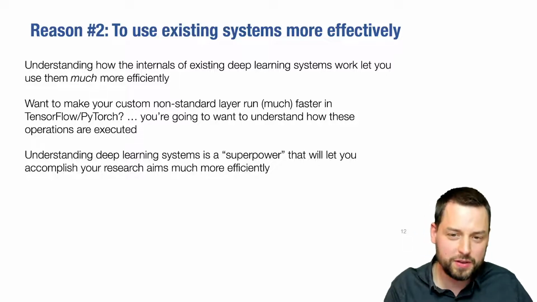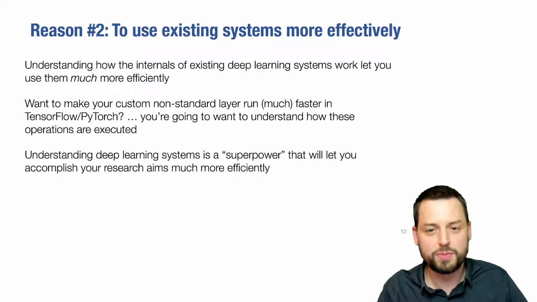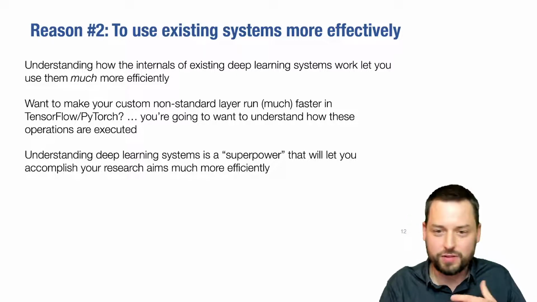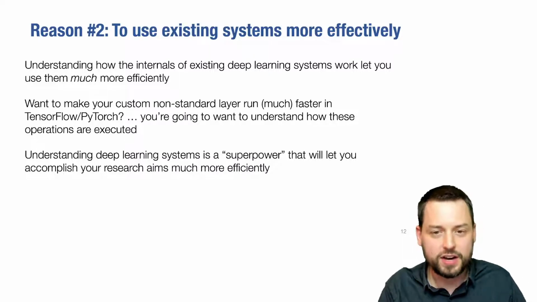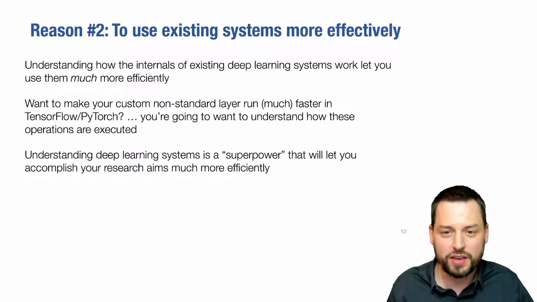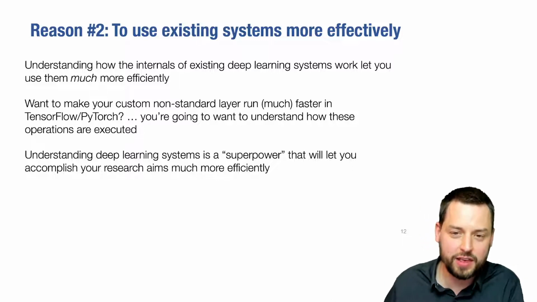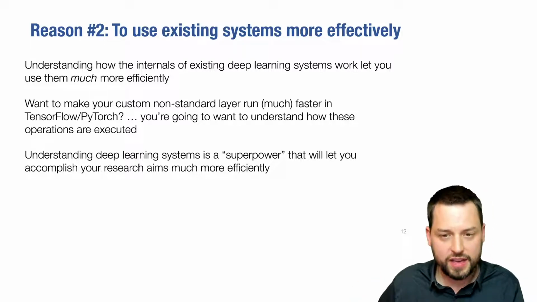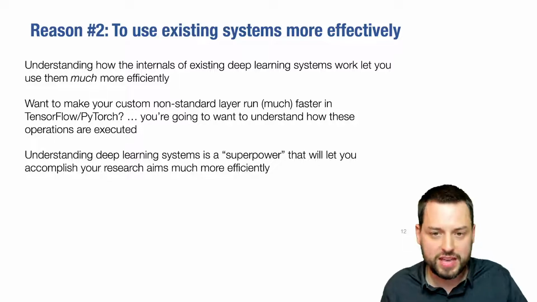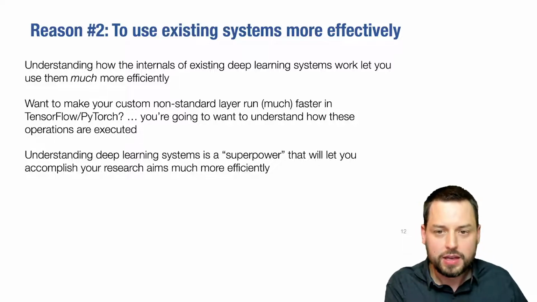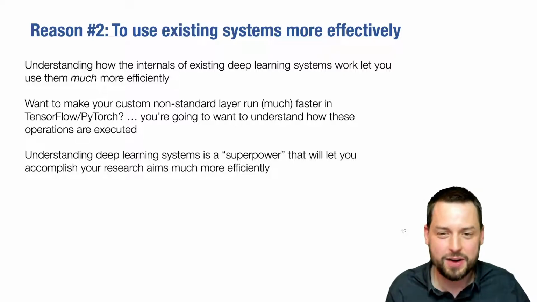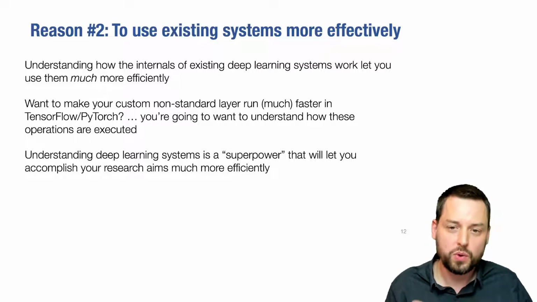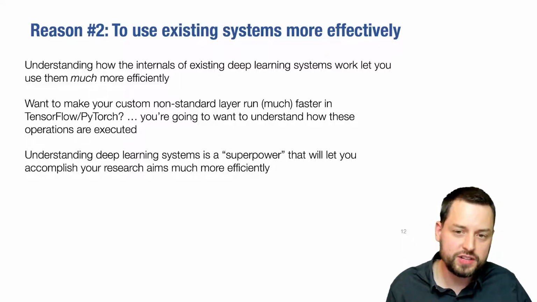So if you want to build scalable, efficient models that will execute quickly, or that make full utilization of a GPU, you really do want to understand how these systems are working underneath the hood. What is really being executed? How are they translating your high-level description of a network architecture to something that really executes on hardware and then trains and differentiates that system and adjusts parameters and all that? How does that work?